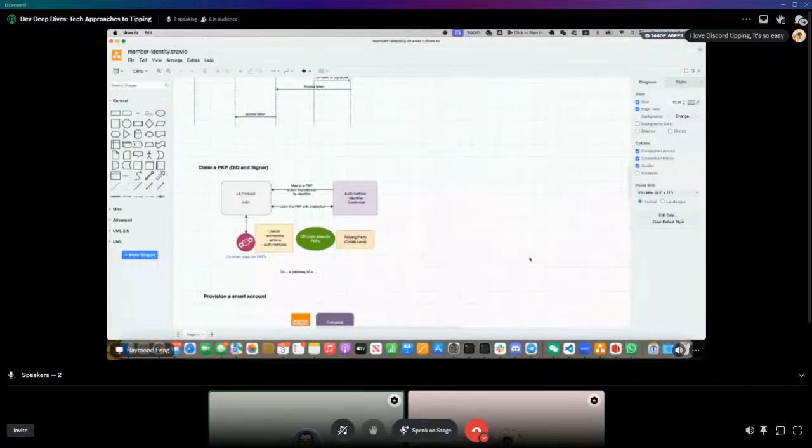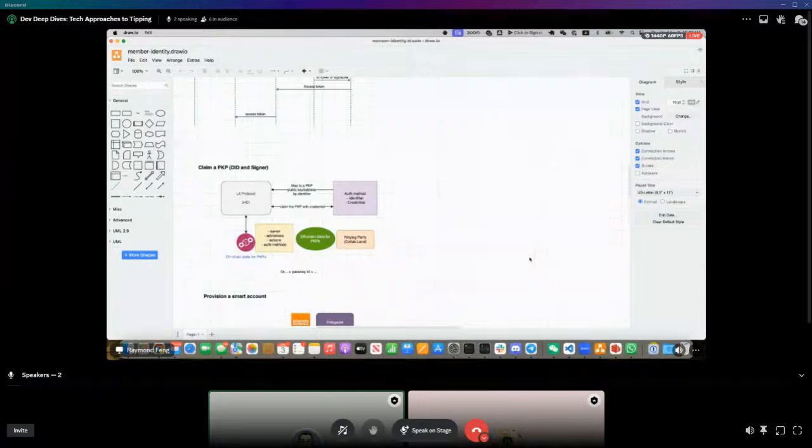But on the receiving side, that does not have to happen ahead of time, right? Because Chibi, as a recipient, as long as we identify her smart account address as her non-custodial wallet for Collab.Land, I can already send tips to her account. But for me, since I have to initiate an on-chain transaction, I need to claim the decentralized ID by verifying my Discord credential.